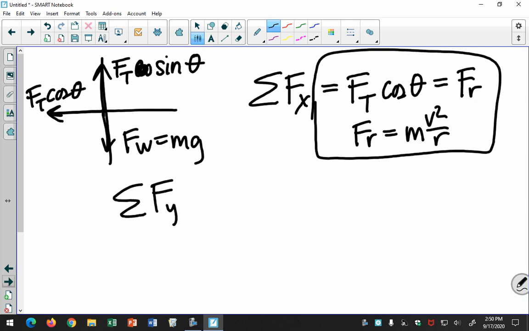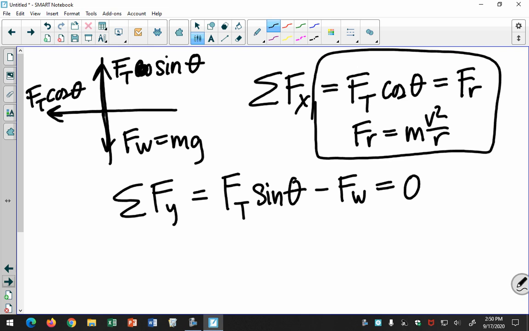Let's look then in the y direction. We also have information in the y direction. In y, we have two different forces going on, but we also know that those two are equal. That F_T sine theta is equal to the weight, or another way to look at it, if I subtract the weight, it equals 0. How do I know that they're equal, or equal to 0 if I subtract it?